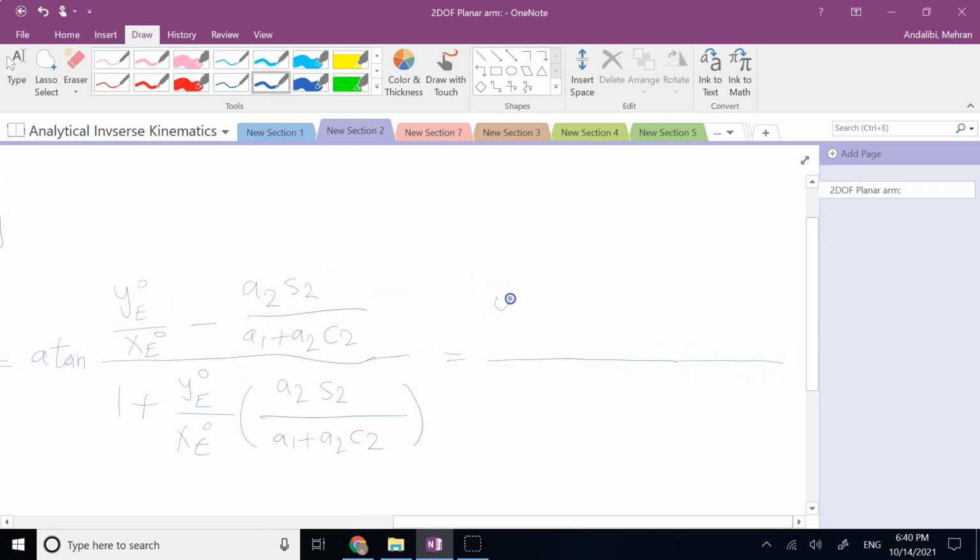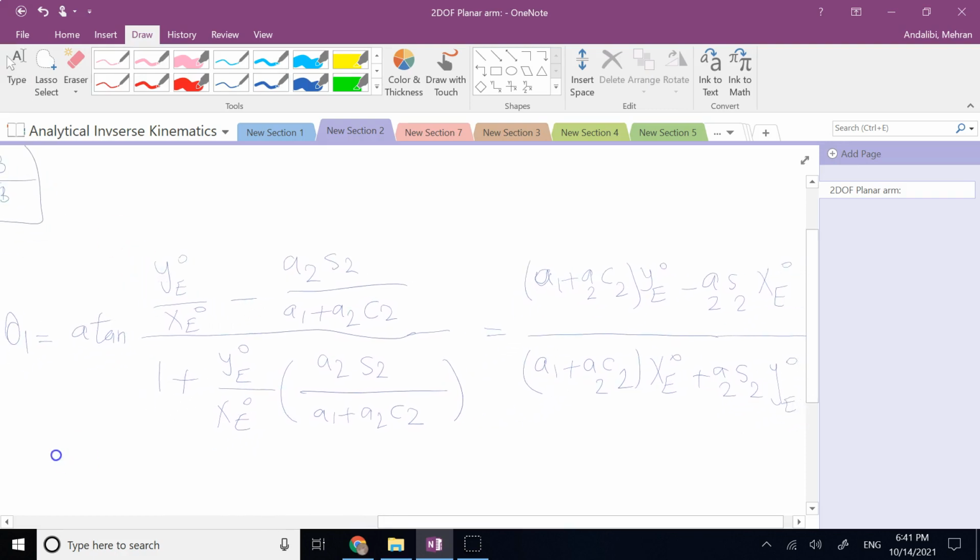You will get a1 plus a2 c2 times y of e minus a2 s2 x of e, then divided by a1 plus a2 c2 x of e plus a2 s2 y of e. Okay, so this is going to be your theta 1, this ratio.